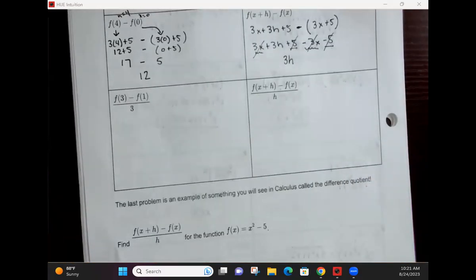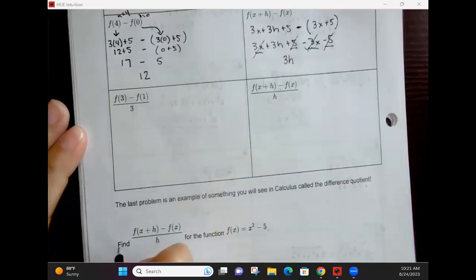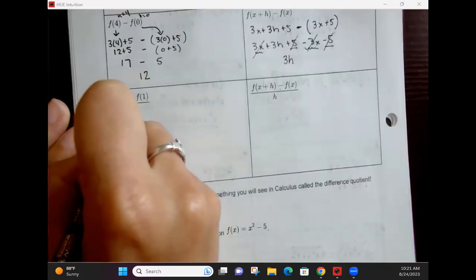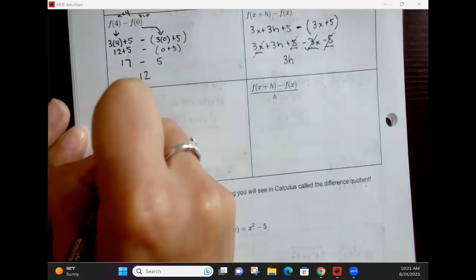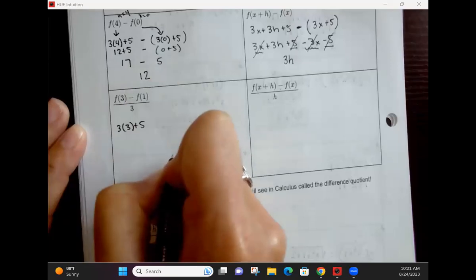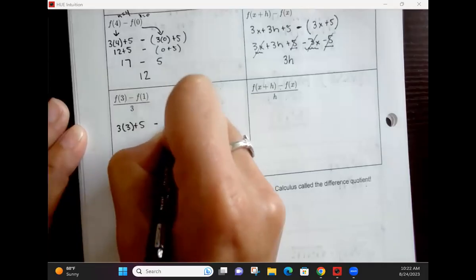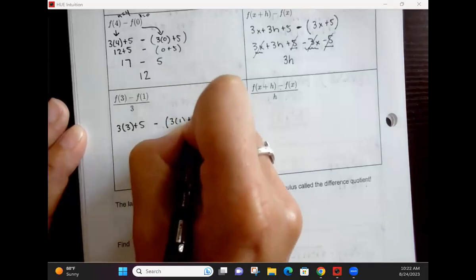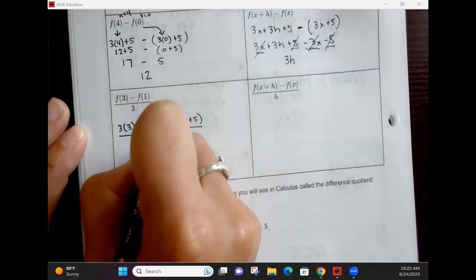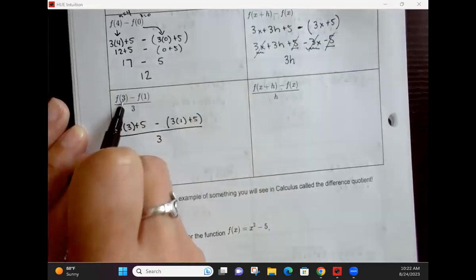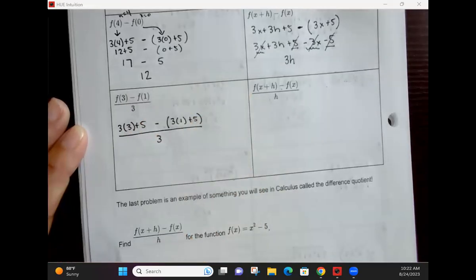Now we're going to look at one more thing, both with numbers and with that x plus h vibe, right? That x plus h stuff that we're doing. So function value at 3, that would be 3 times 3 plus 5 minus function value at 1, 3 times 1 plus 5, all over 3, all over that first value that we're plugging in.